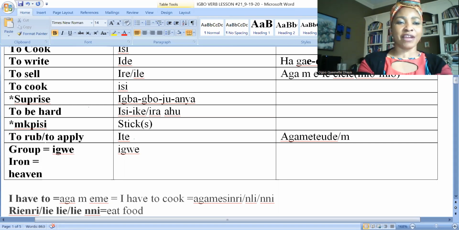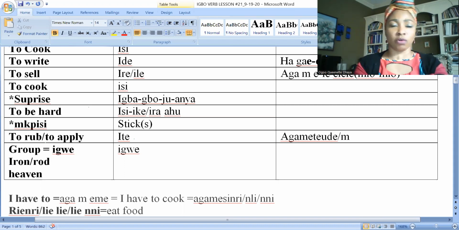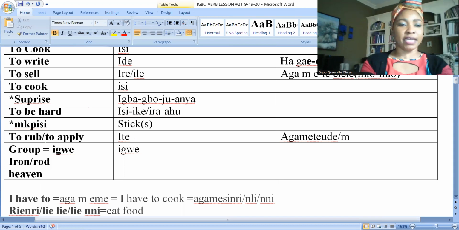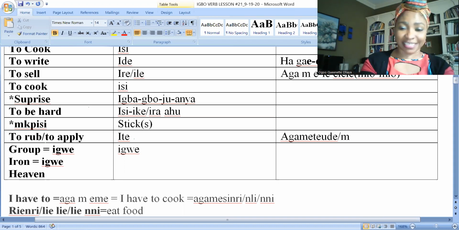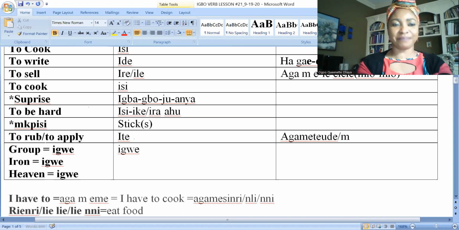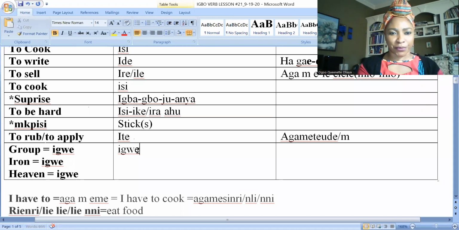And then when you say iron or rod, okay, let me just leave iron there for now. You know what I'm talking about. I say Igwe. It also means that, but the sound is what's going to differentiate them. Heaven, Igwe. All right. So now we say here group of people.